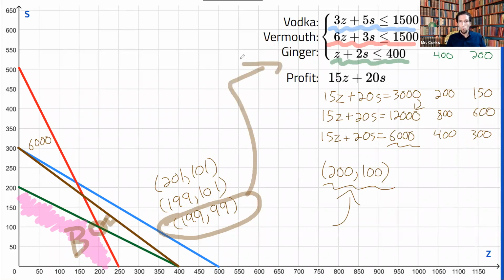It would work with both of the inequalities because it's inside our feasible region. So it would come out as, yes, that's a valid point. Yes, that does satisfy the inequalities, but it wouldn't be the best one. So what we want is the intersection of the red and the green lines.